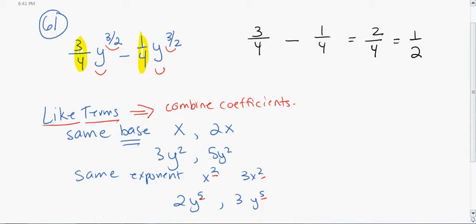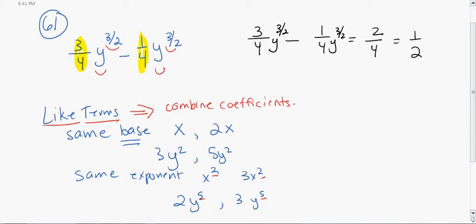Now, this is going to be the same thing, even though I have this funny y to the 3/2. Like if I had an x here, say it were 3/4 x minus 1/4 x, well, I would still combine it, and I would have 2/4 x, or 1/2 x. But I don't have an x here. My like term is y to the 3/2.